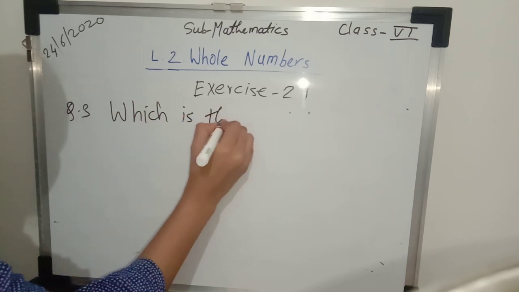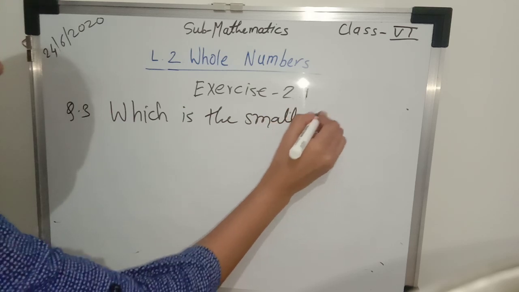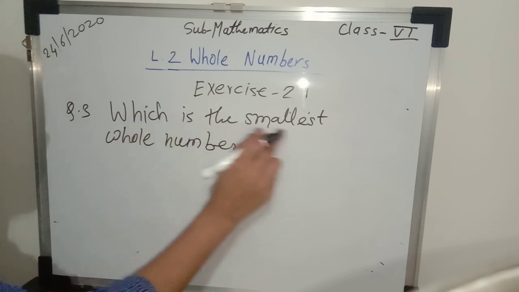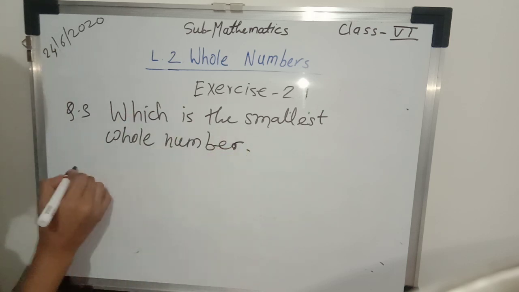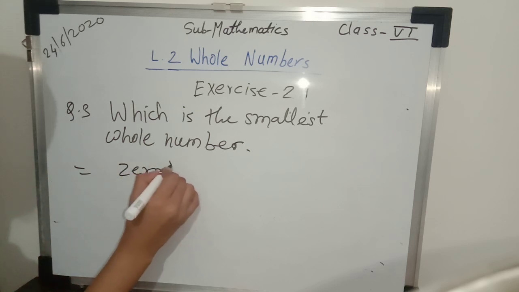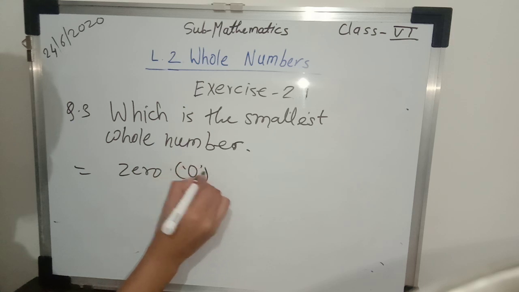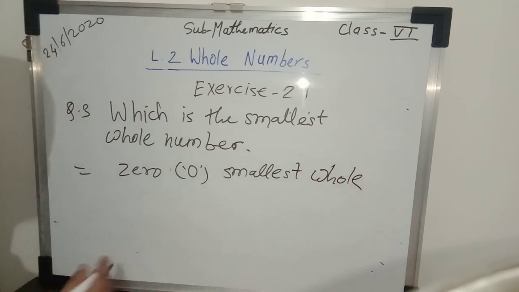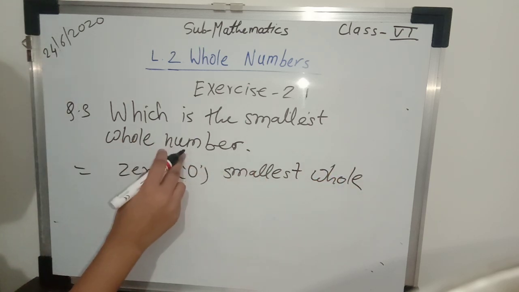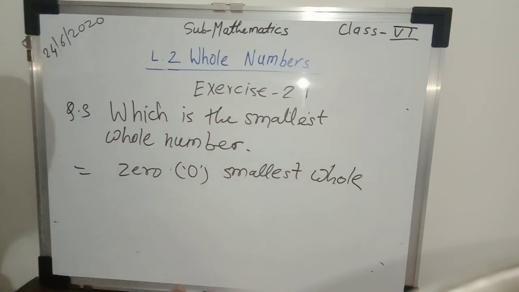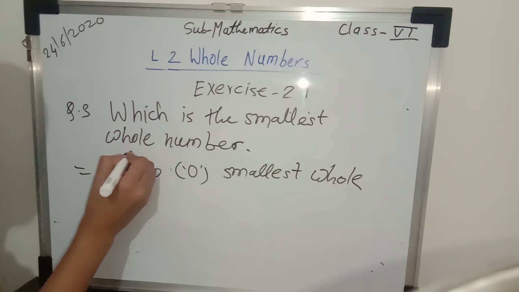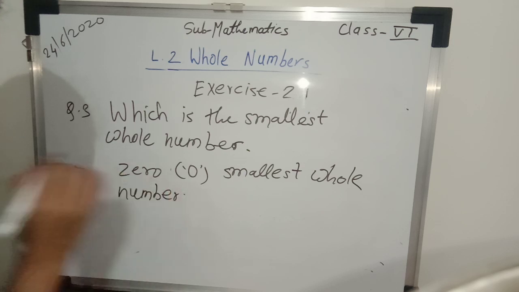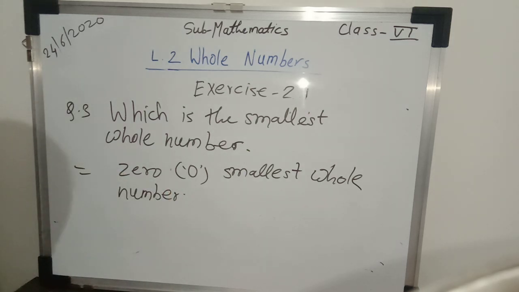The smallest whole number is 0. Students, remember, if it were natural number instead of whole number, the smallest natural number is 1, not 0, because 0 is not in the natural numbers. Here they ask for whole number, so 0 is the smallest whole number. Remember it.